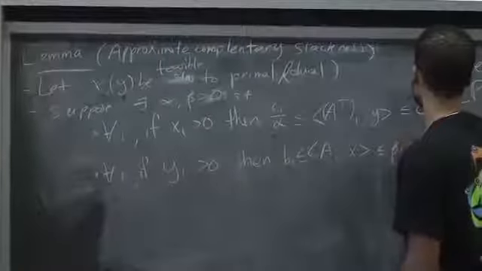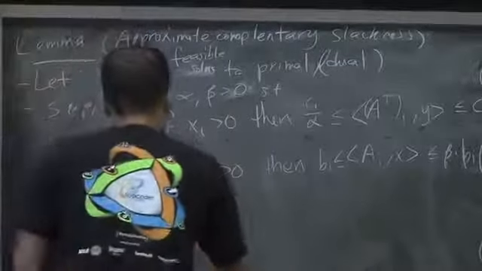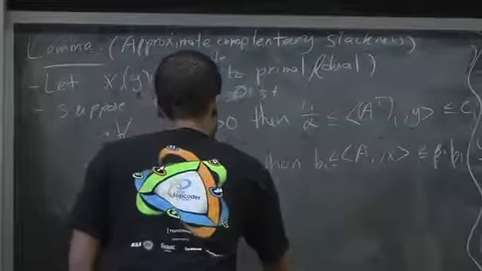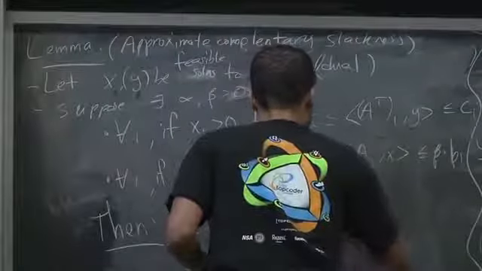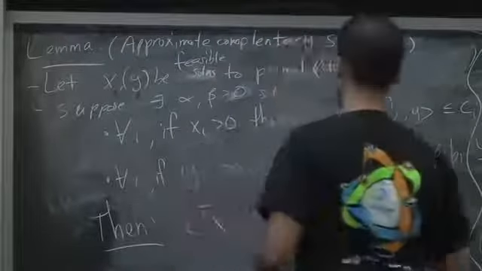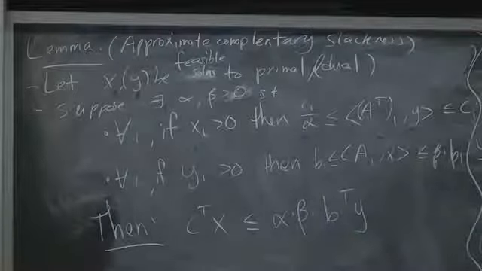Then C transpose x is at most alpha times beta times B transpose y.